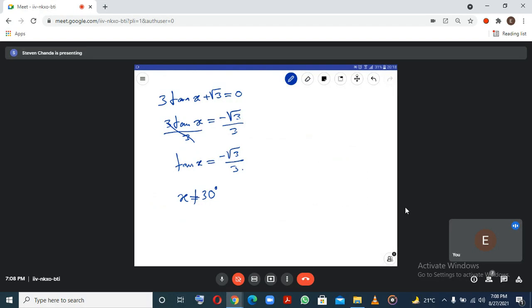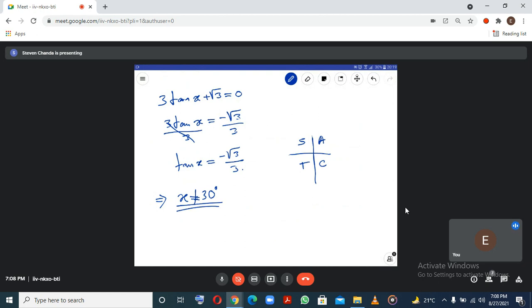Do you know why I've done it like this? I've done it like that because if it were 30 degrees, 30 degrees is where? It's in the first quadrant. It means that my tan would have been positive. You get it, right?